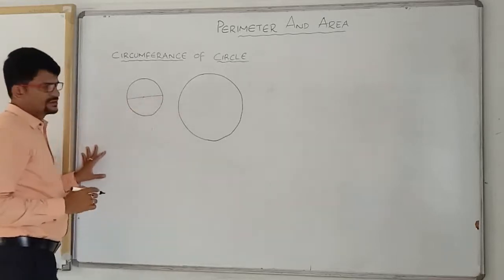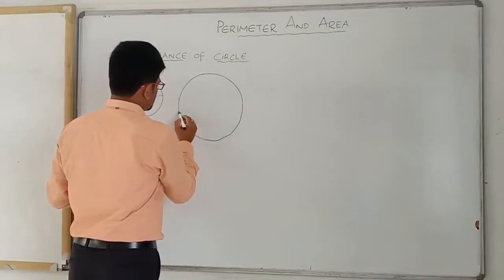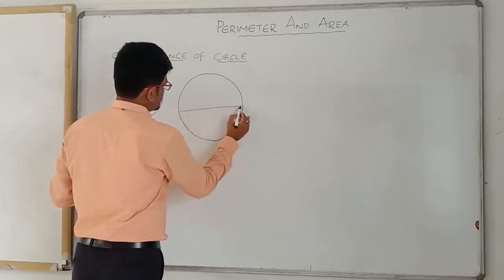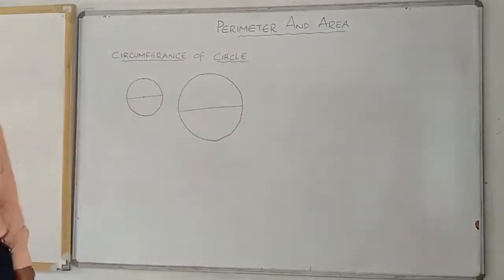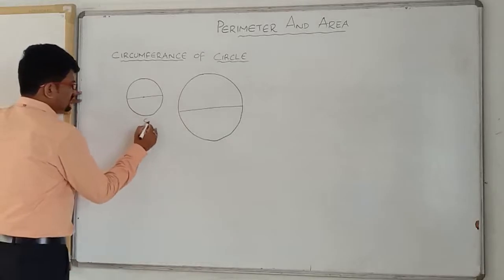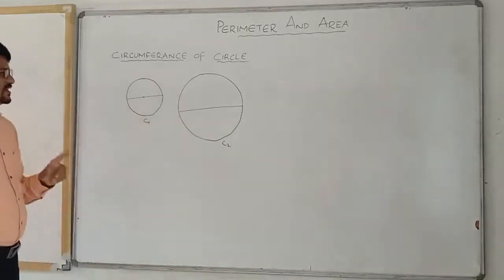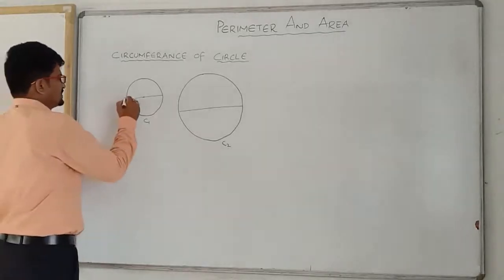This is diameter. This is also diameter. For example, if this is circle C1 and this is circle C2, circle 1, circle 2.